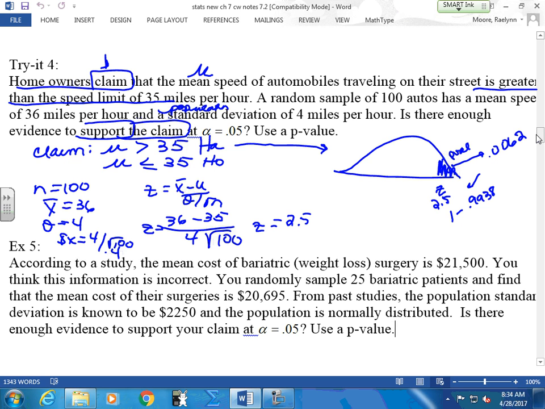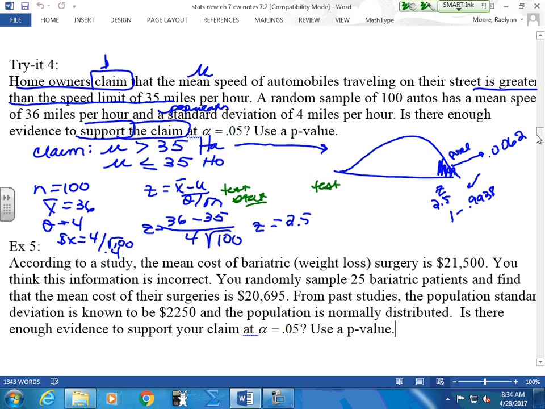Now, I did all this work. I can test this. Here's my test. This guy is called my test statistic. And remember, statistics come from your samples. Parameters come from your population. I took my sample, I tested it, I came up with a test statistic.